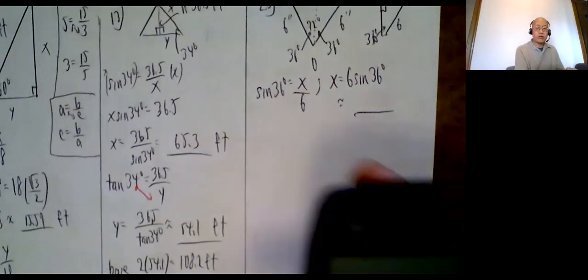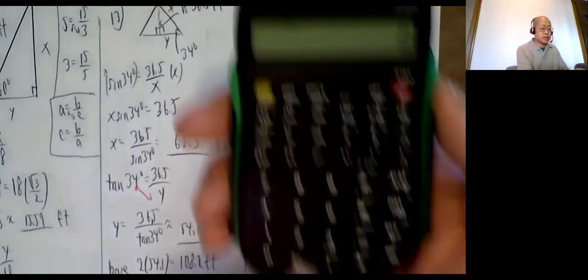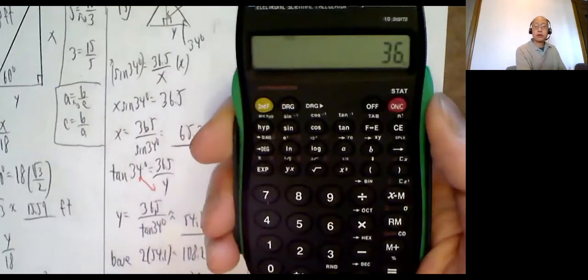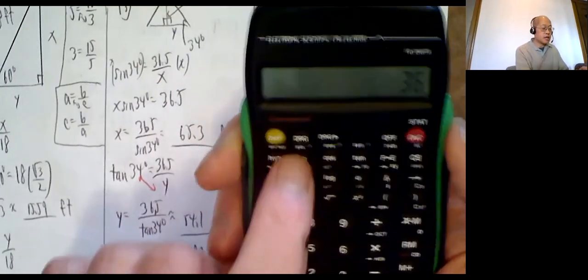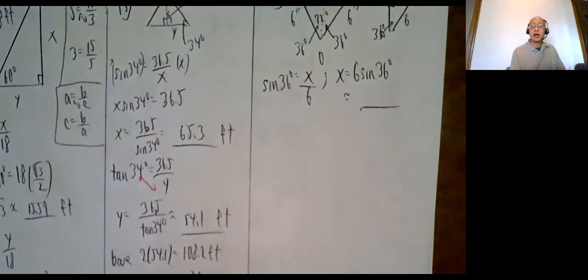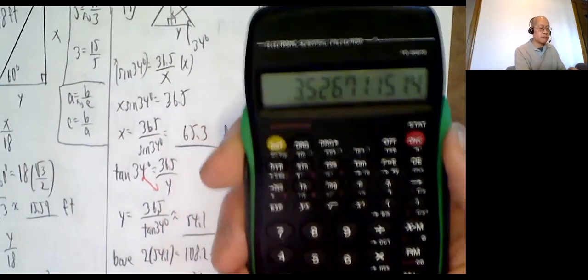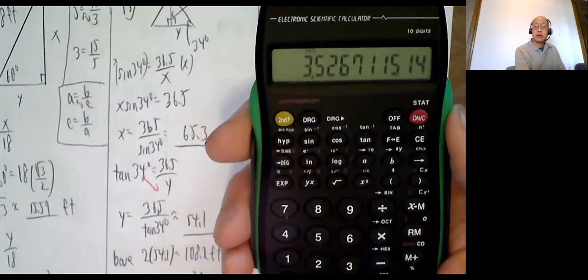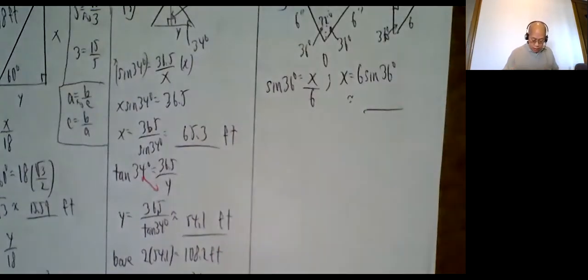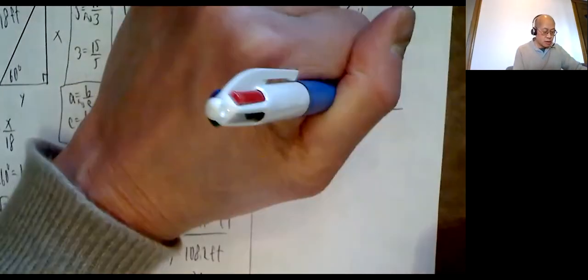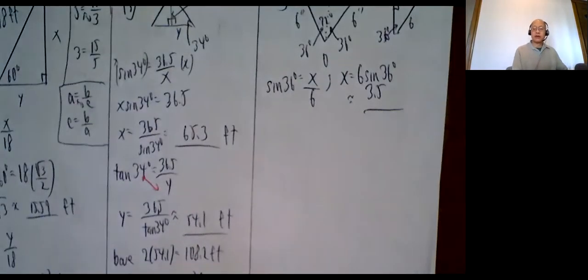For those of you that have the backwards type of calculator, you have to go 36 sine, and then times 6. 3.52. How do they want me to round off? 1 decimal place. 3.5.